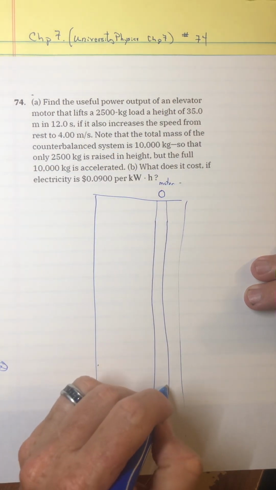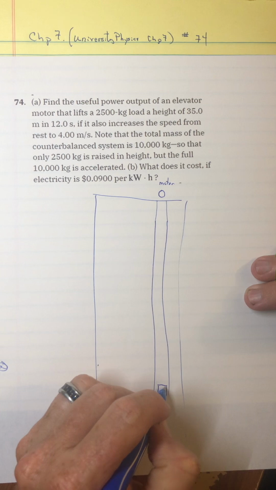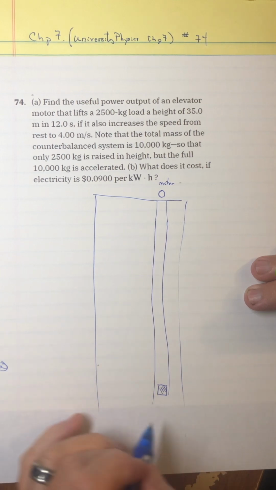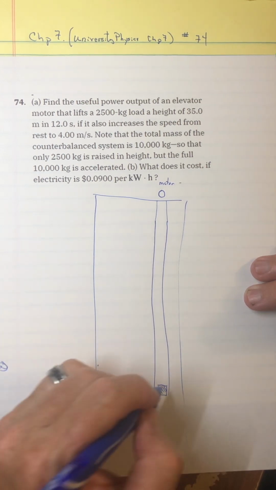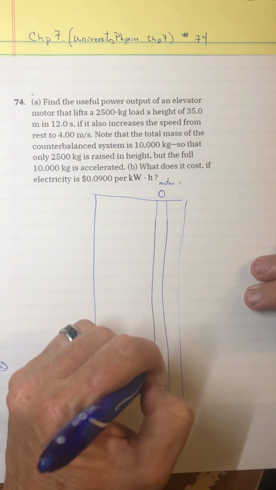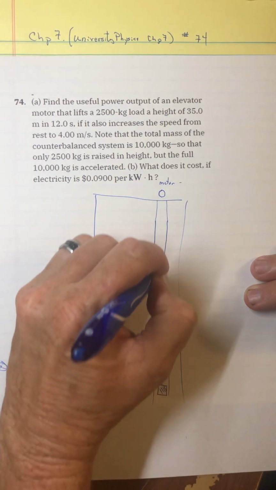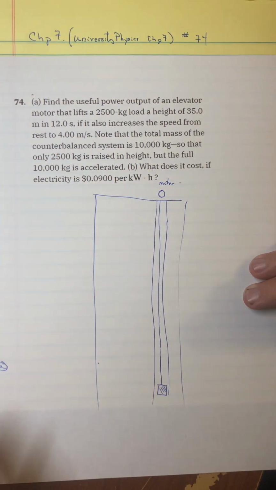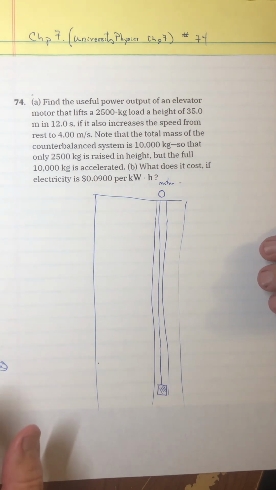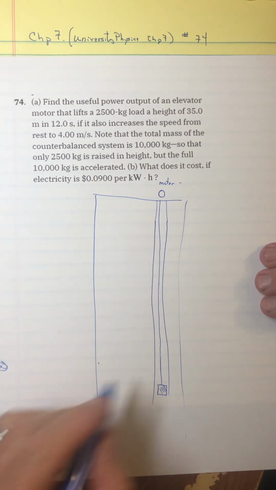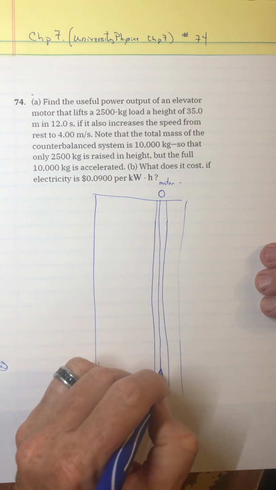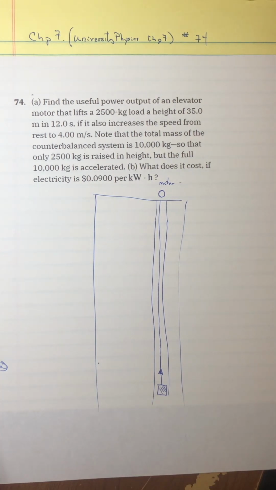And so there's maybe this elevator down on the lobby floor here. And then this long cable that goes all the way up to the motor. There's going to be some kind of tension pulling it up.